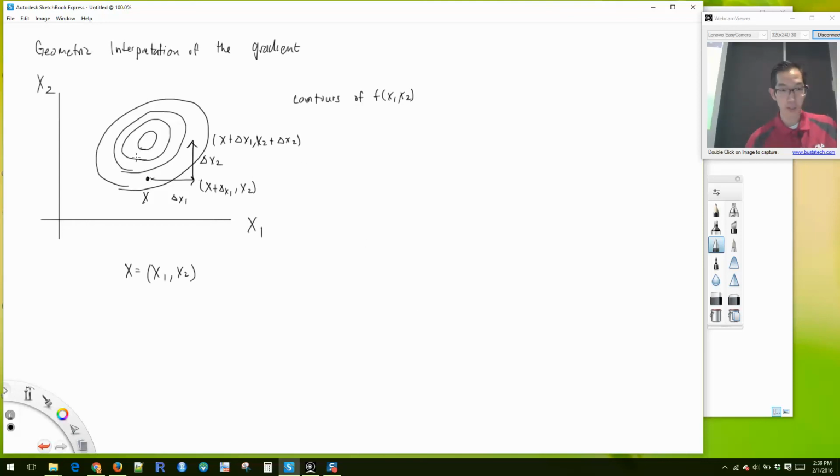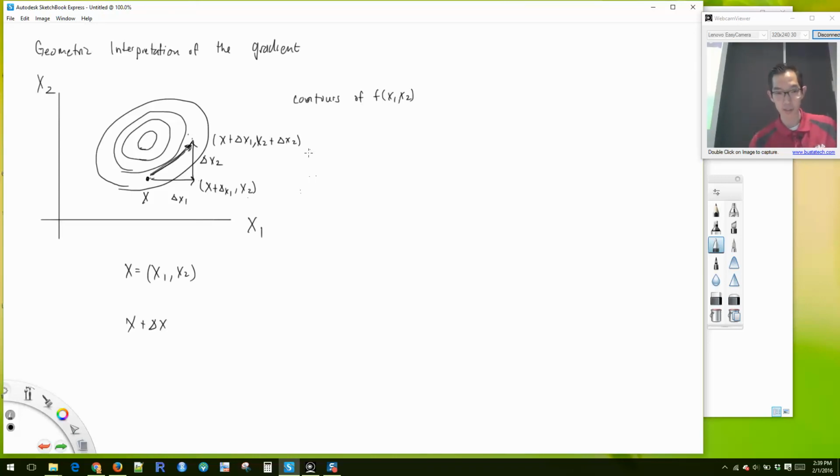And essentially our resulting location would be basically x plus delta x, right?